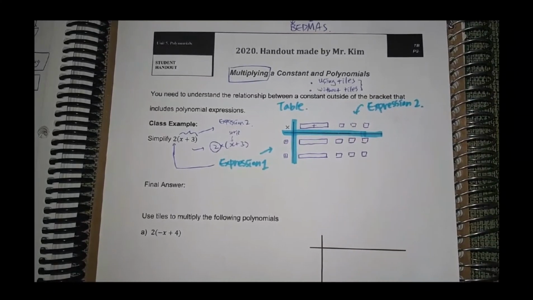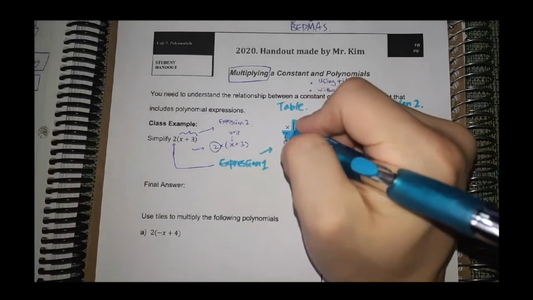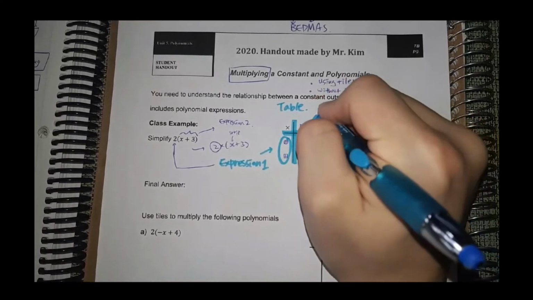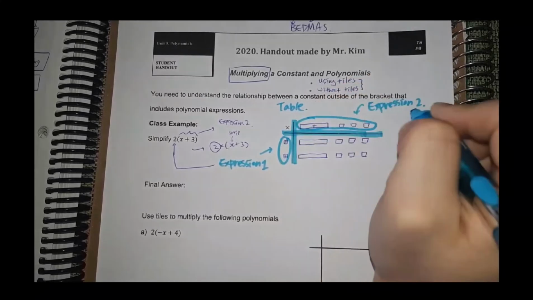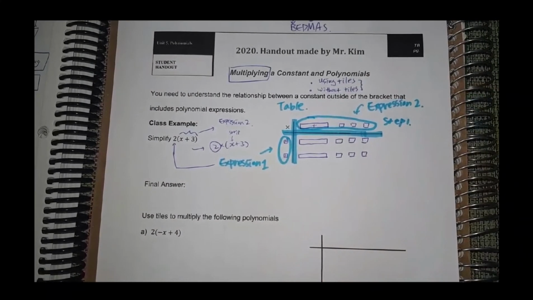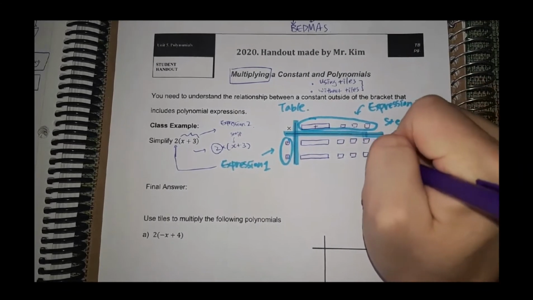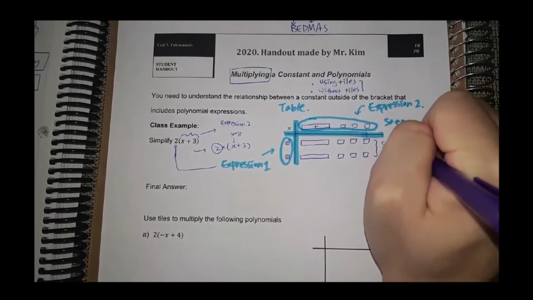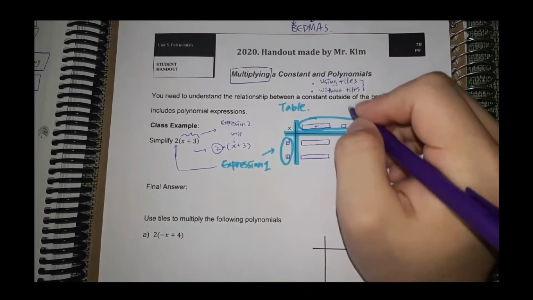So ladies and gentlemen, if I tell you a little bit of the steps, this expression 1, expression 2 is my step number 1: drawing your outside expression and inside expression. Then step number 2 is the inside of the table, if you will.